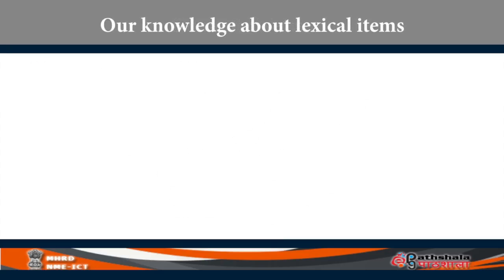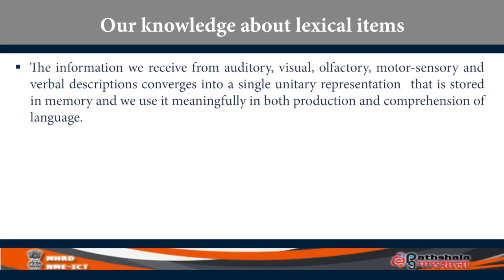So our knowledge about lexical items, which we receive from the world through vision, by watching, by hearing, by smelling, by moving, motor sensory, and by listening to verbal descriptions from other people around.